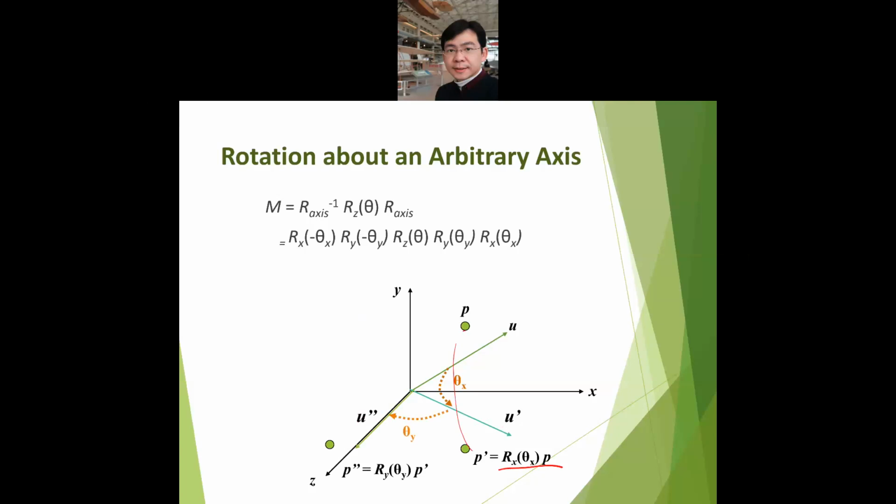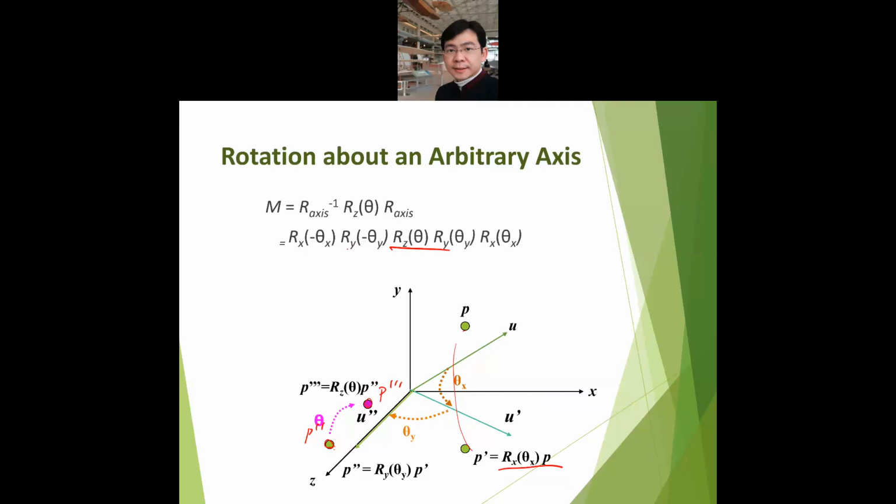U double prime will be along the z-axis, so our P double prime point follows the transformation and reaches here. Then we can apply Rz here. When we apply Rz, the point will be called P triple prime.